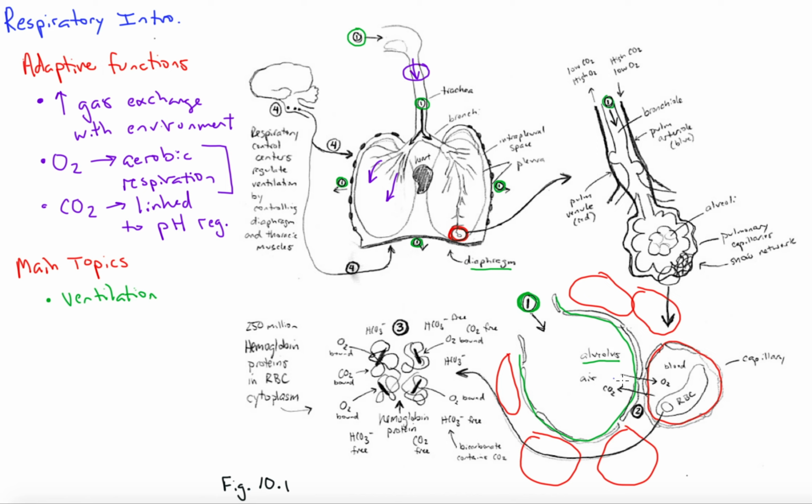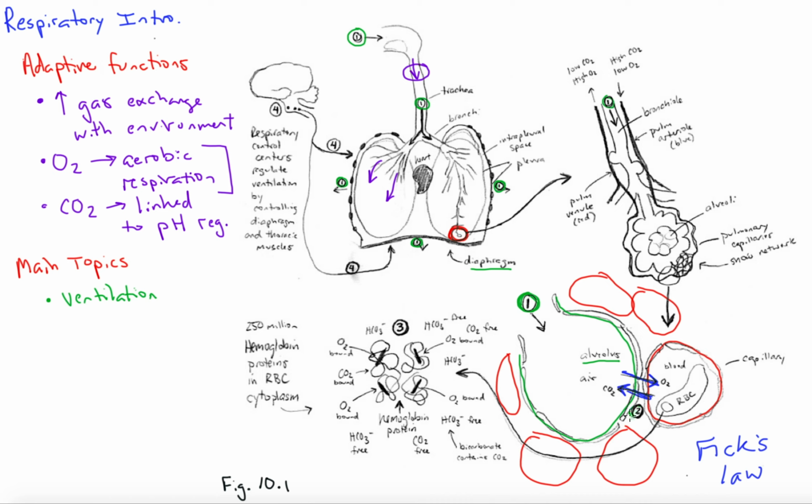So let me highlight our arrows here for gas exchange. We're going to be moving oxygen into the blood and moving carbon dioxide out of the blood, as we just mentioned in the intro, and they're going to be moving by diffusion. So in step 2 of pulmonary function, we're going to be talking about the factors affecting diffusion, which are within Fick's law.